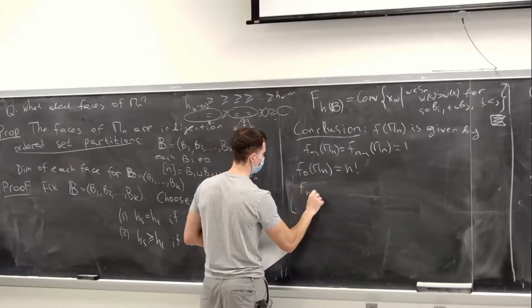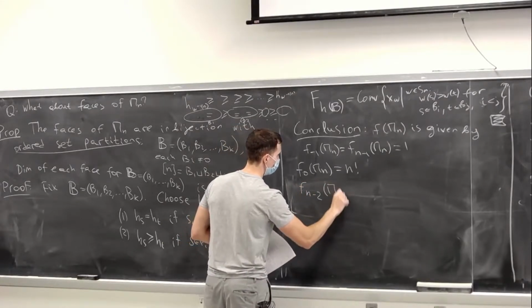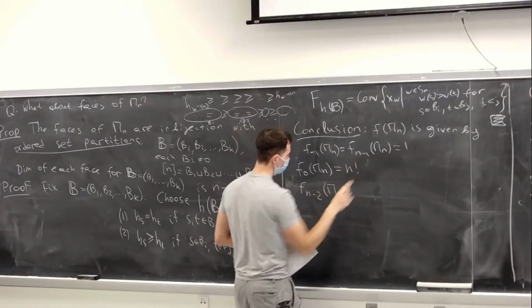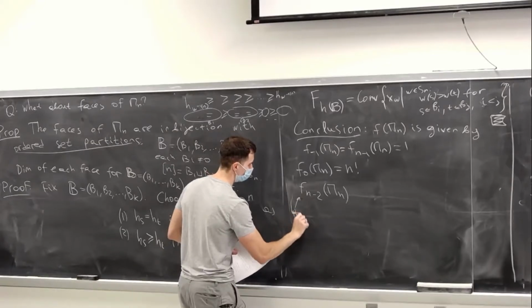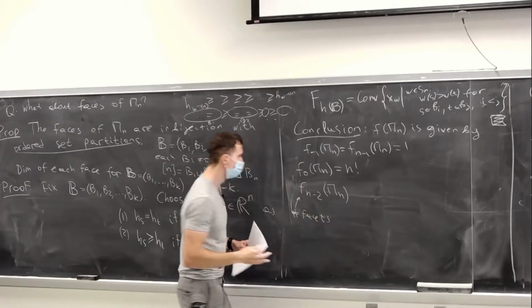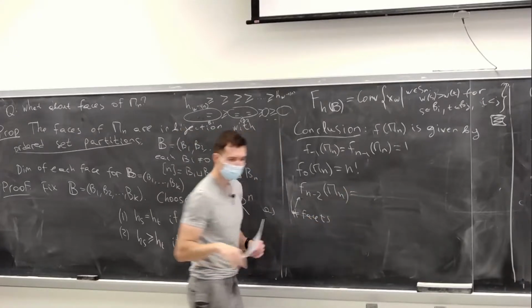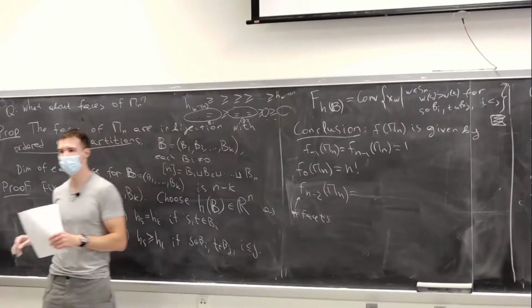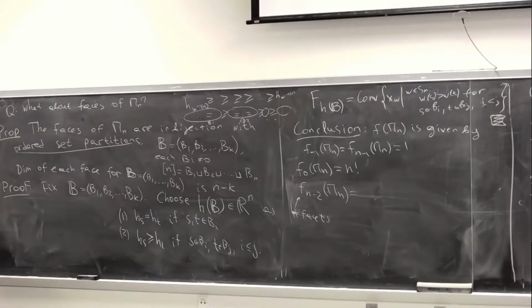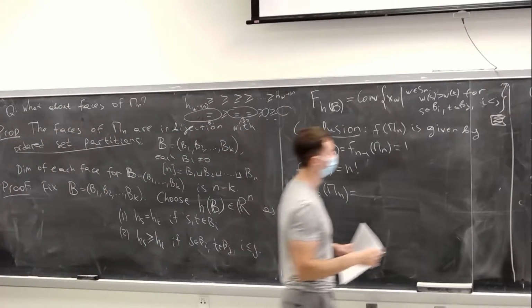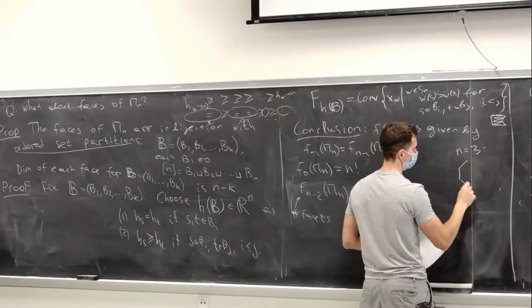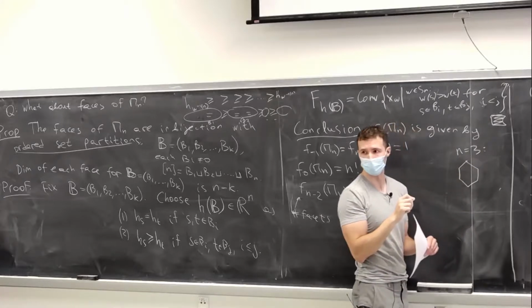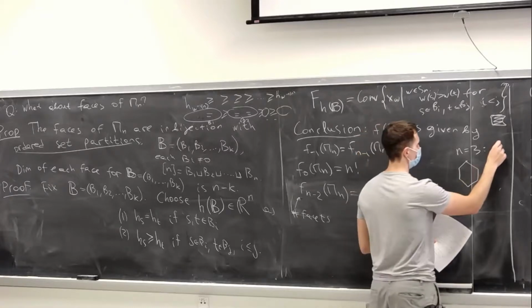All right. And well, okay. How about this? What about f_{n-2} of the permutohedron? Because we know f_{n-1} is equal to 1. So that's the number of facets. How many facets does a permutohedron have? Let's actually count. So for the hexagon, I get how many facets? 6.